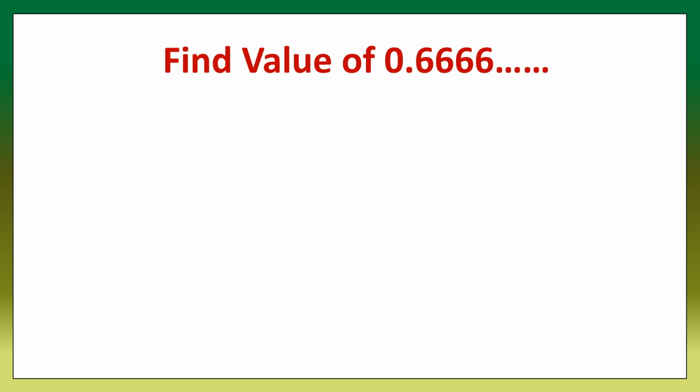Now let us consider a different question. Here in this question, we have to find the value of 0.6666. Now this is not in GP. We have to convert this number into a geometric progression series. How to convert it?